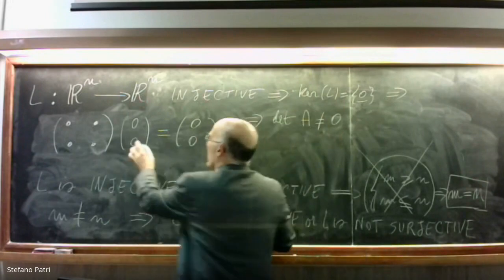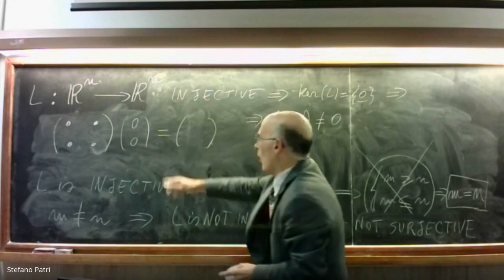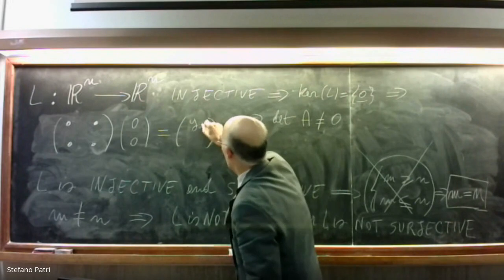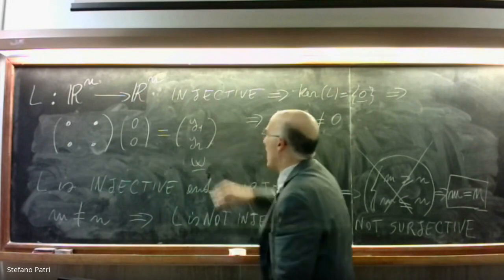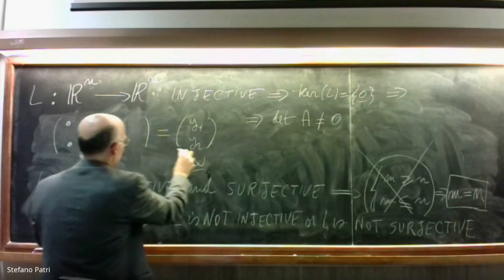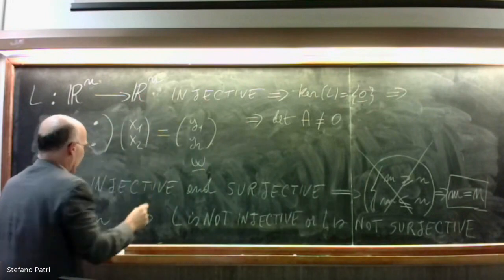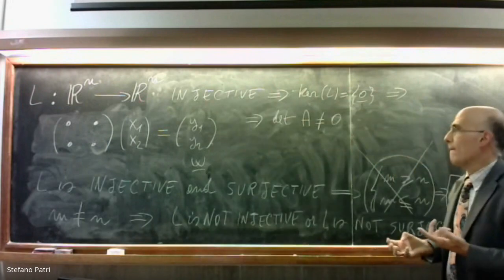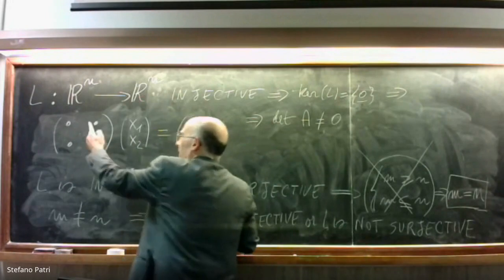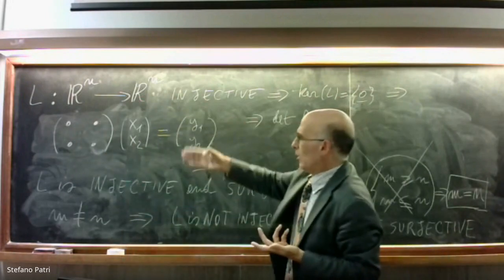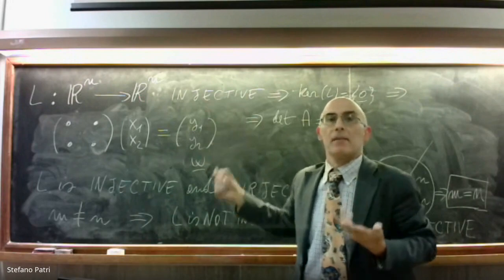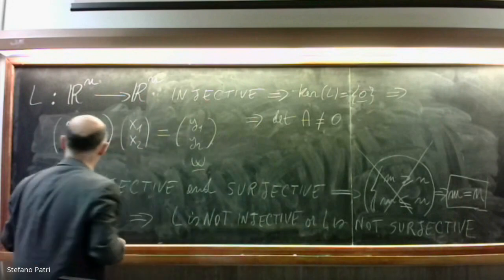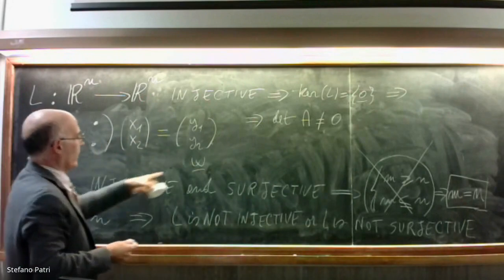But if this determinant is not equal to 0, on the other hand, we have the concept of surjectivity, because for every W this system has always one solution. If this determinant is not equal to 0, by virtue of the surjectivity theorem, the conclusion is that L is injective and surjective.